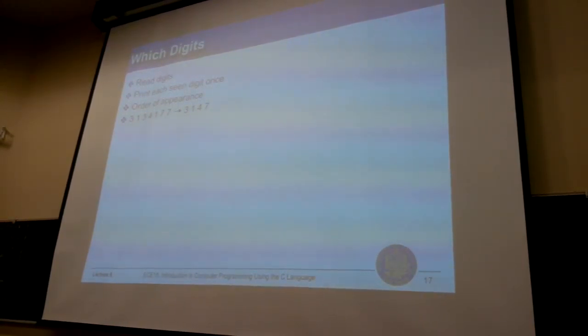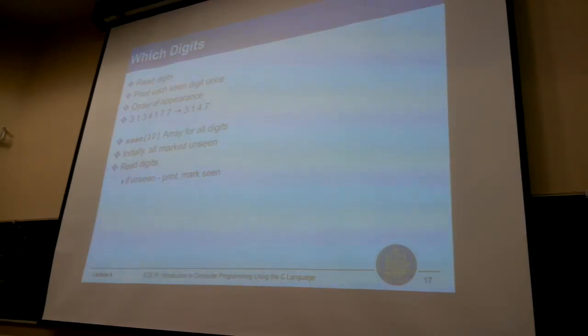So the way we'll solve this is by creating an array of 10 elements called seen. And so there's one element for each possible digit, 0 through 9. And initially, we're going to mark all of the digits as not seen, right? Because if there's no user input, you haven't seen any integers yet. Then we'll go ahead and read the digits.